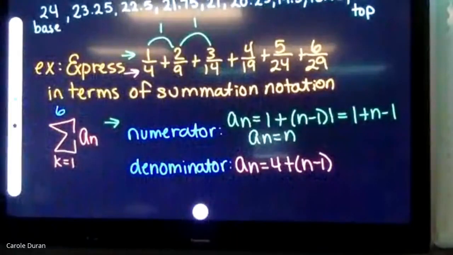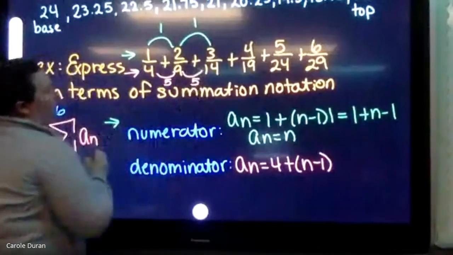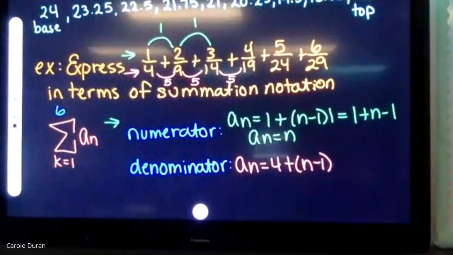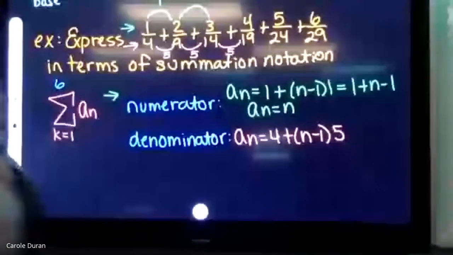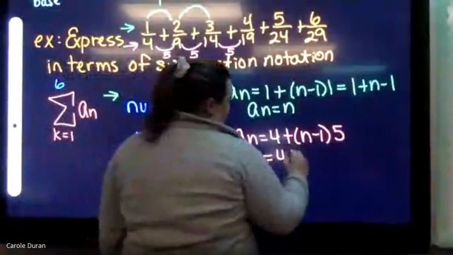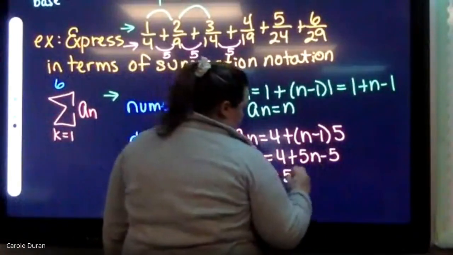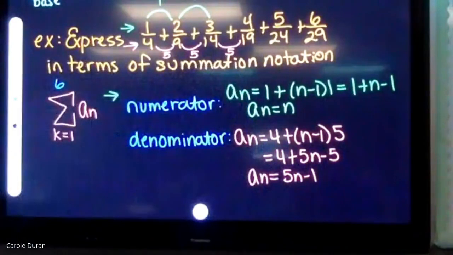So what's my common difference from term to term in that denominator sequence? 5. From 4 to 9, I added 5. From 9 to 14, I added 5. From 14 to 19, I added 5. So it has a common difference of 5. And then I just simplify it out like I did my previous term to see what it comes out to be. And when I do, I get 5n minus 1.